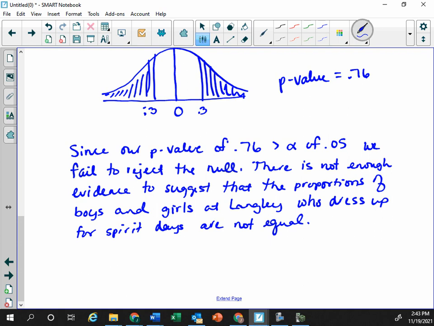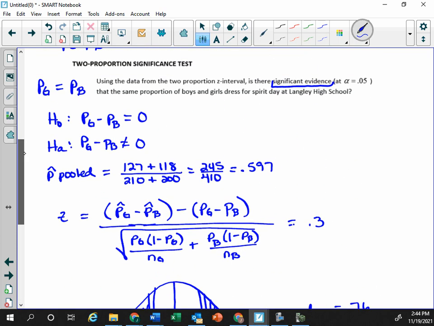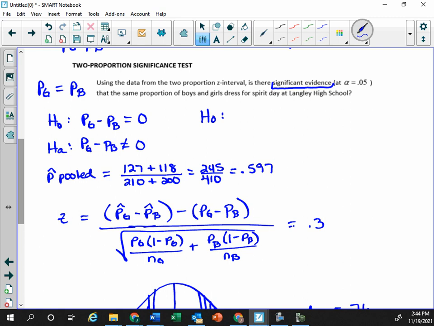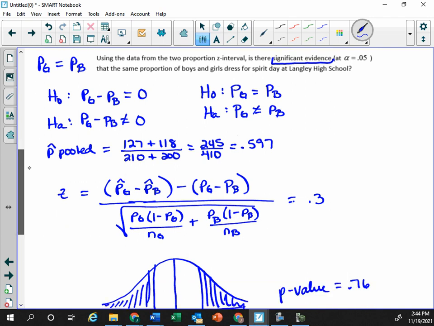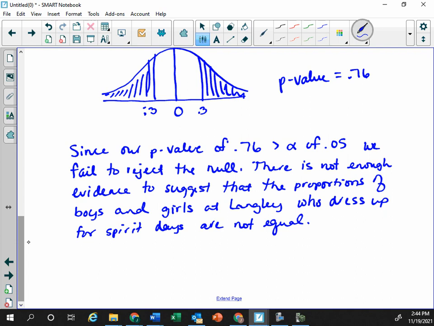You could also write p sub g equals p sub b. Okay, and hopefully this makes sense.